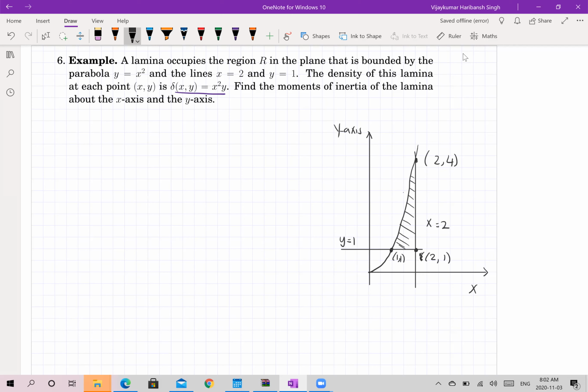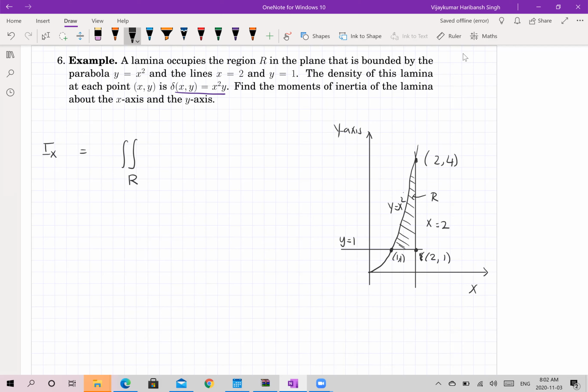Okay. So now what we want is, so density is given by this. Find the moment of inertia about x-axis and y-axis. So about x-axis, let me just mark this curve as well, y equals x squared. So about x-axis, it's given by the integral over this region R. Let's call this region R. Let's call this Ix.